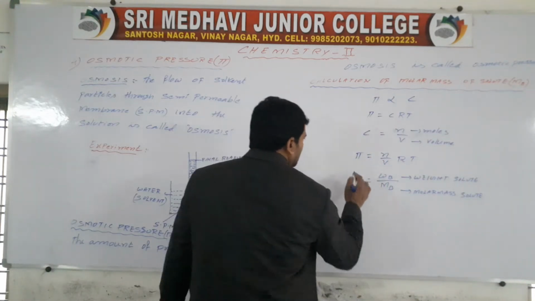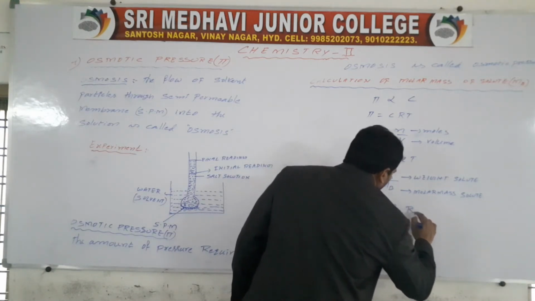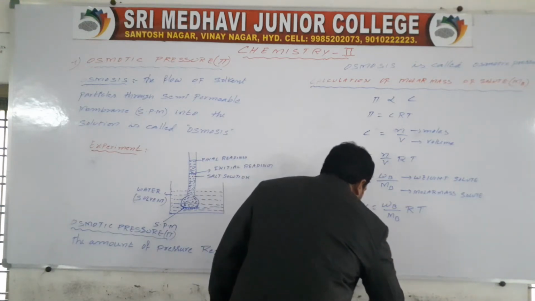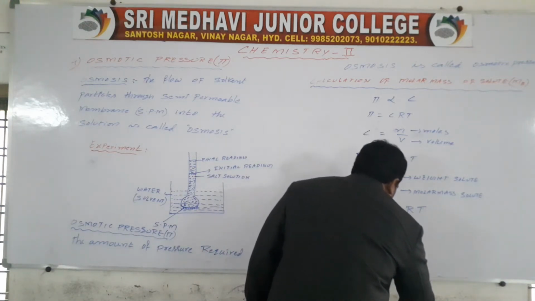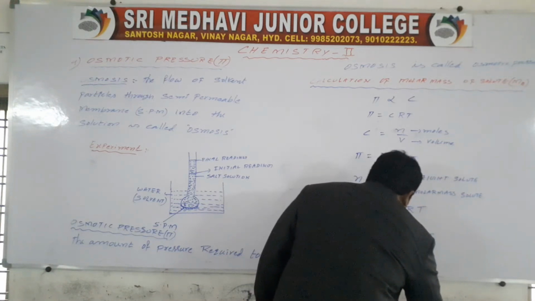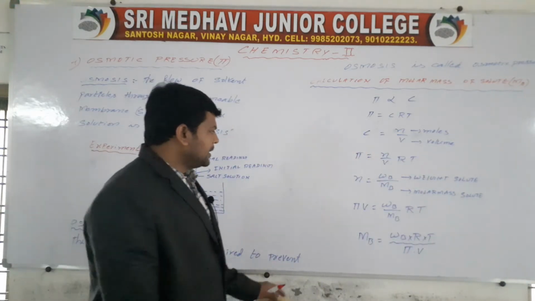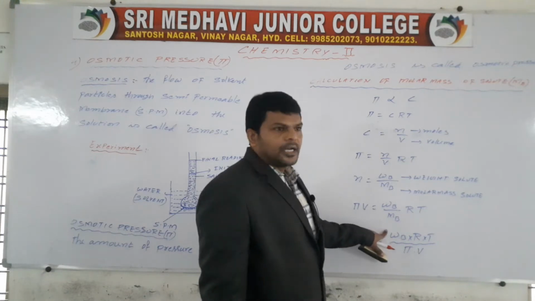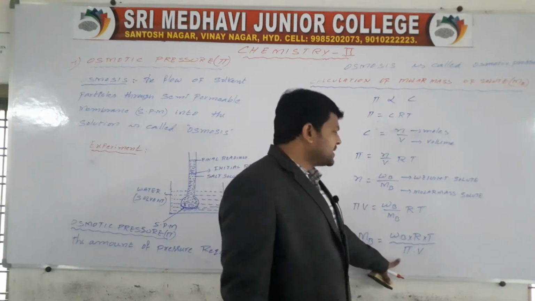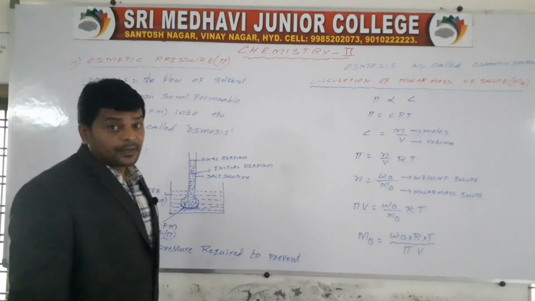Then I am substituting: pi V equals WB by MB into R into T. Then I want to calculate MB, so MB equals WB into R into T by pi into V. Here MB is the molar mass of the solute, WB is the weight of the solute, R is the gas constant, T is the temperature, pi is the osmotic pressure, and V is the volume.